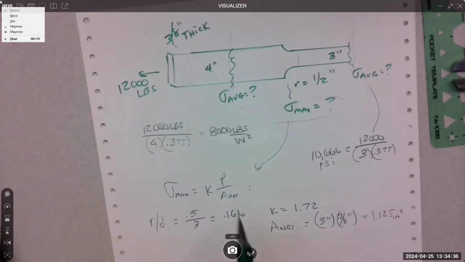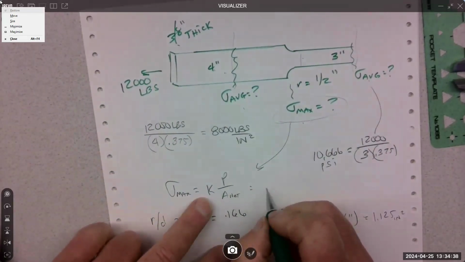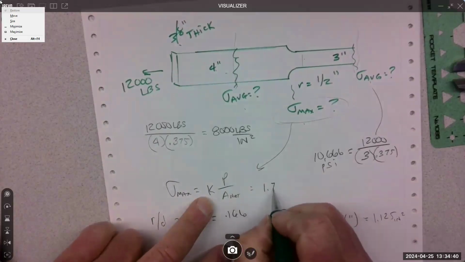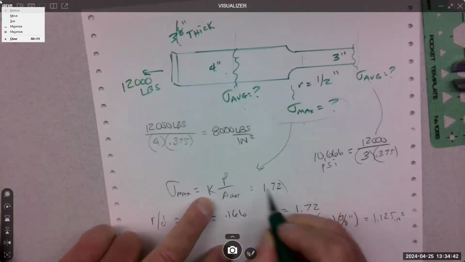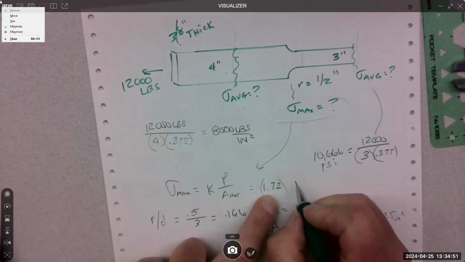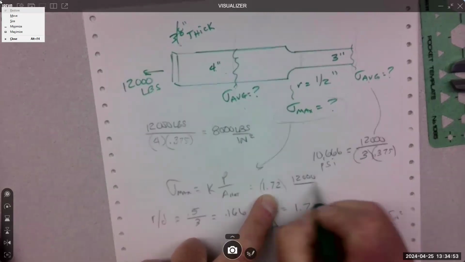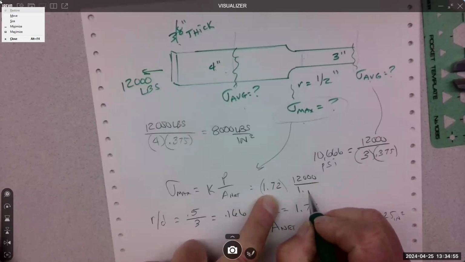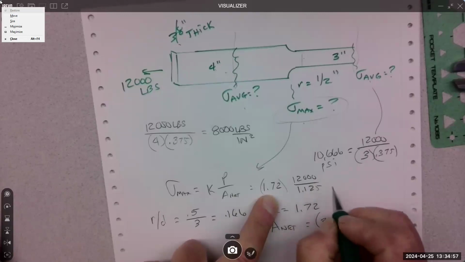So now we have it all for this equation. We've got K, I'm using 1.72. That's a pretty big factor, right? That's a straight multiplier to stress. 12,000 for P, and area net 1.125.